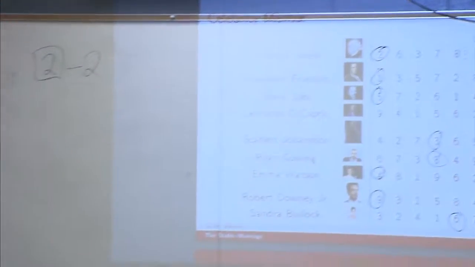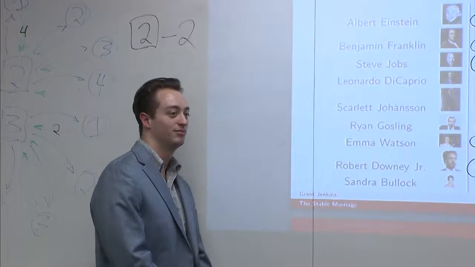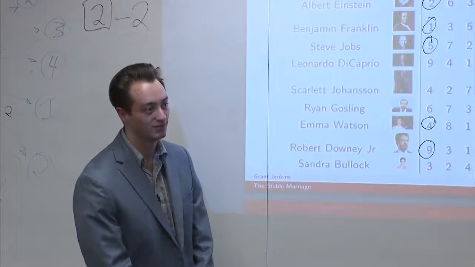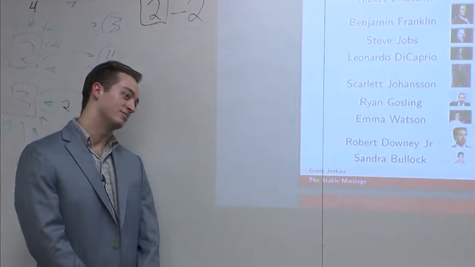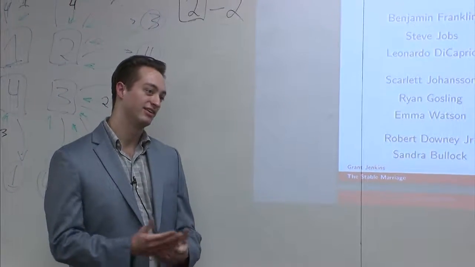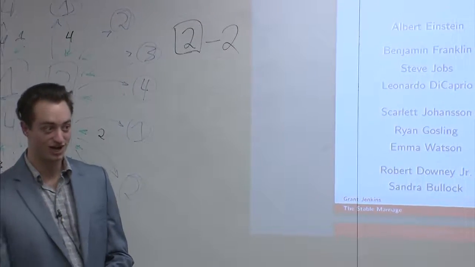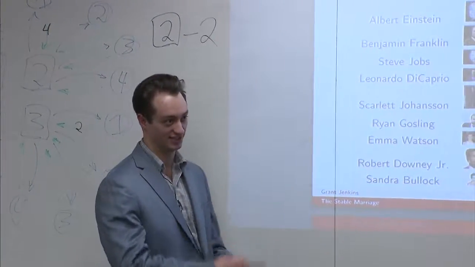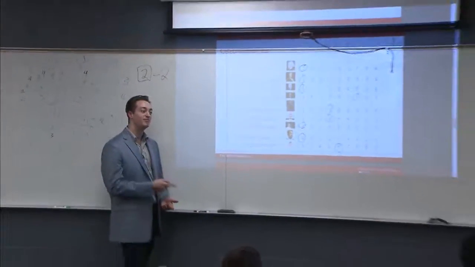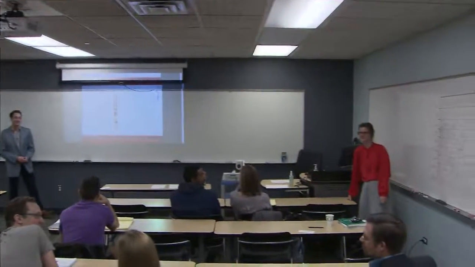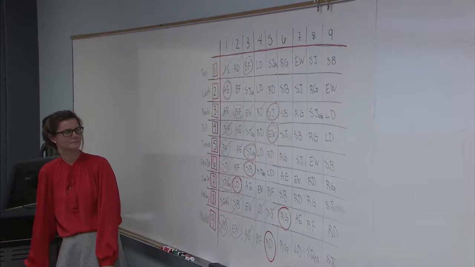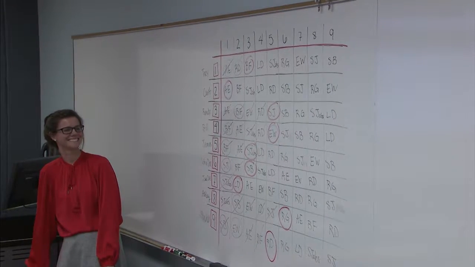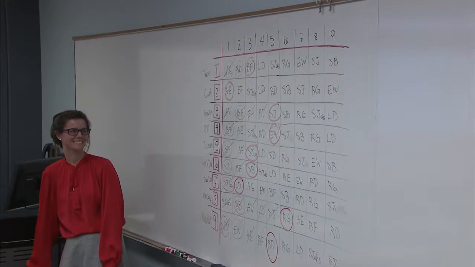So our final matches that Professor Mandervale is circling would be Trey is matched to Benjamin Franklin, Kurt is matched to Albert Einstein, Randy is matched to Scarlett Johansson, done that so many times. Bill is matched to Emma Watson. James is the one that was matched to Steve Jobs.